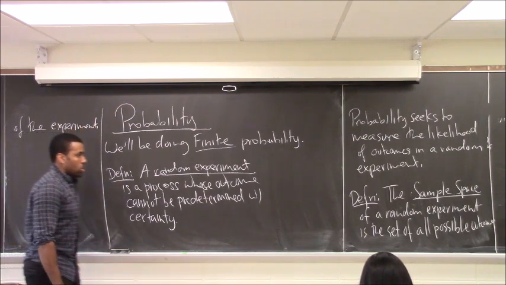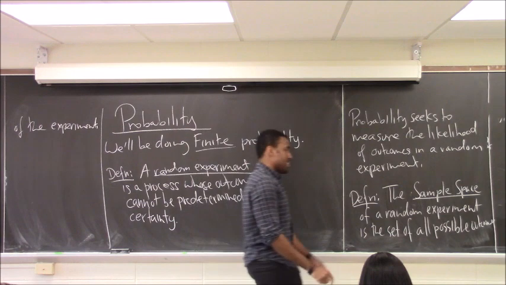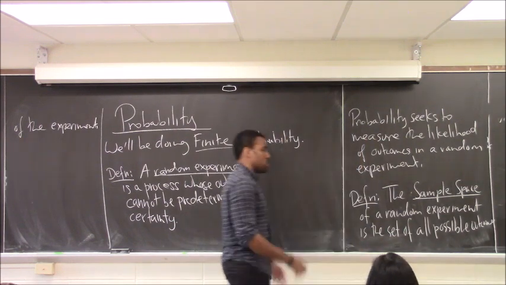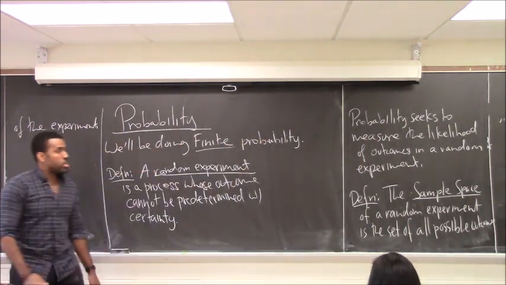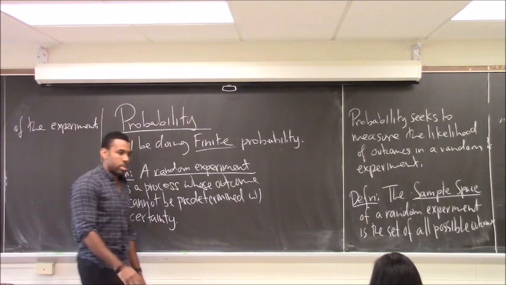So you find some way to represent in symbols all possible outcomes. You put all these symbols in a set, and you've created a sample space for that experiment.